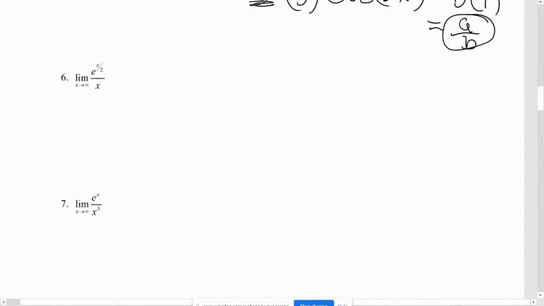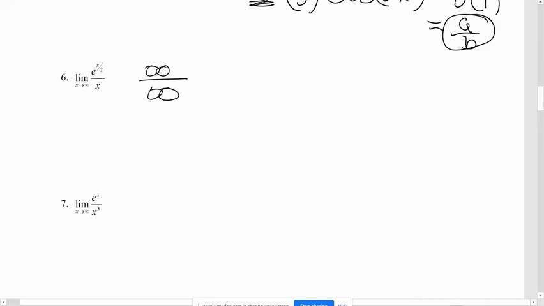Okay, so let's take a look at 6. If I plug in infinity, I'm going to get e to the infinity divided by 2, which is still infinity. And on the bottom, I'm going to get infinity. And infinity over infinity is an indeterminate form, so we can use L'Hopital's.